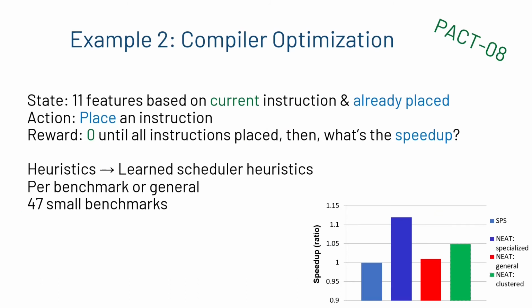We defined our state in terms of 11 features, so 11 state variables that had to do with which instruction I was placing now and what has already been placed. The action is where do I actually put this instruction? And the reward is 0 until all of the instructions are placed. Once I've placed up to 128 instructions, then I can actually run the thing and see if there's a speedup.